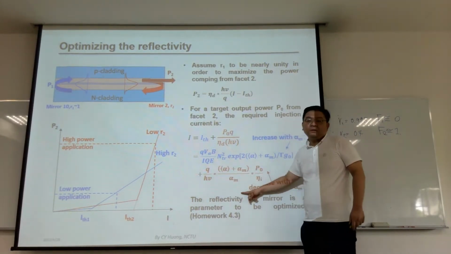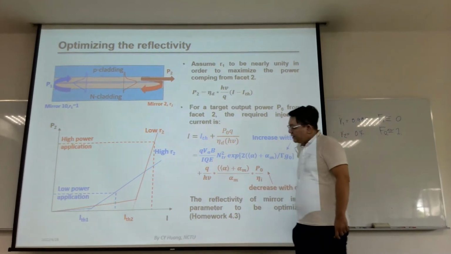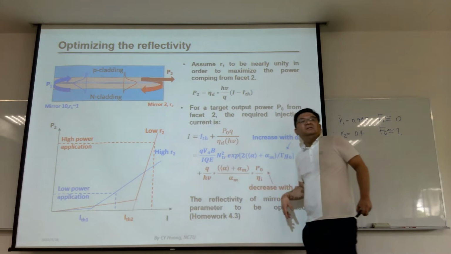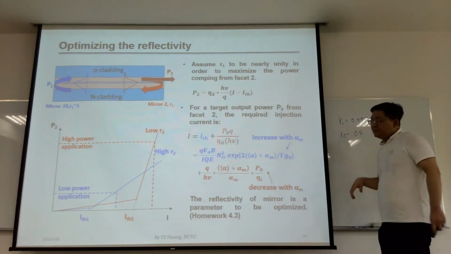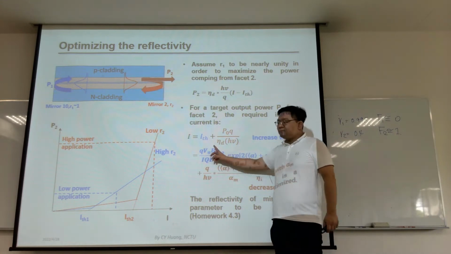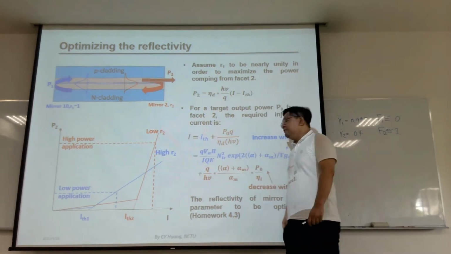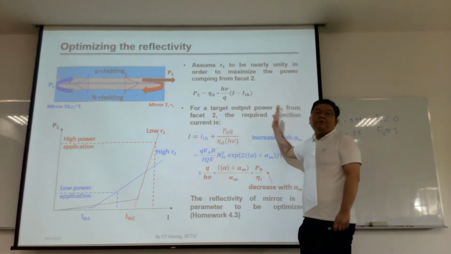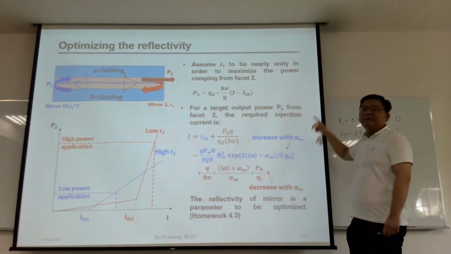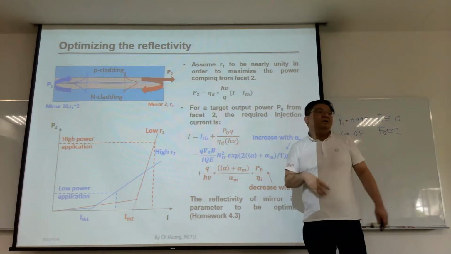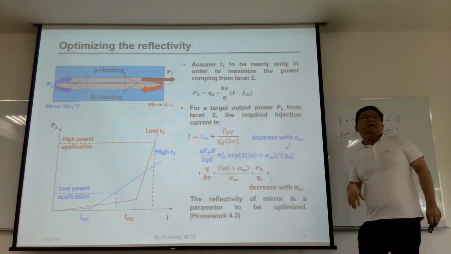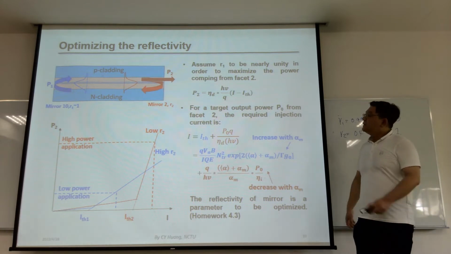That will calculate the exact current necessary to achieve a specific output power. Then you can plot the I versus R, point by point, and extract a minimum value for your application. Then that will be your optimal design for your semiconductor laser.